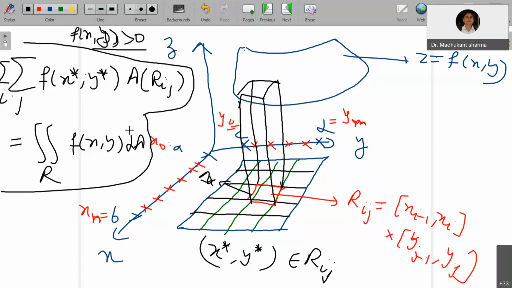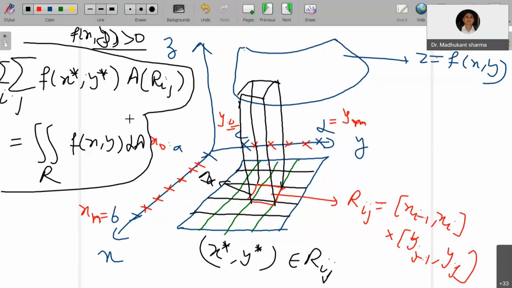So dA is nothing but dx dy. So you can generate as many rectangular cubes as you can, and take the rectangular grid as small as possible. That will converge to this double integral, which can be shown.